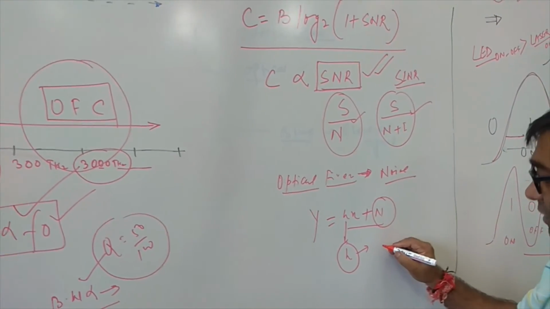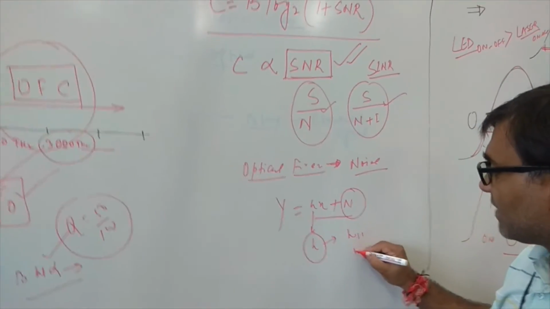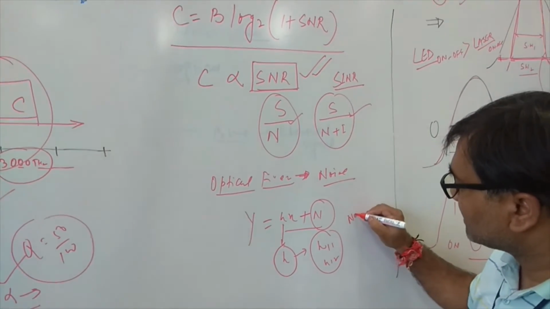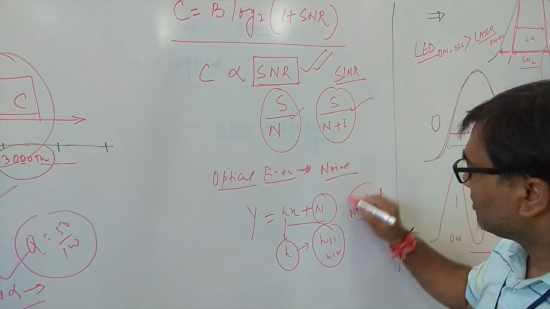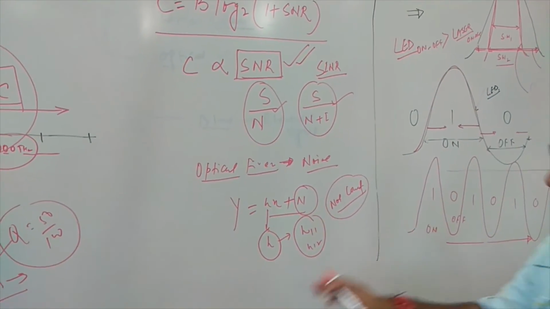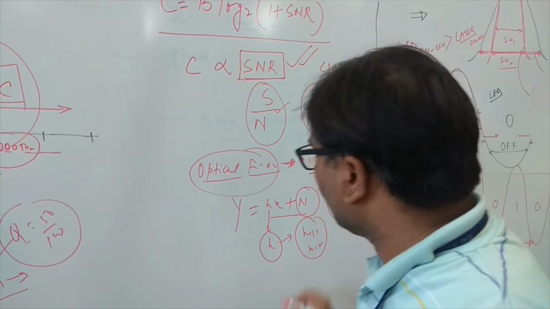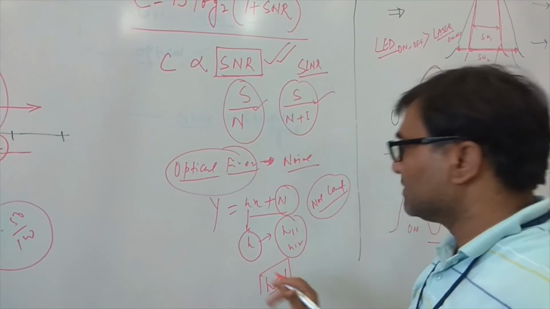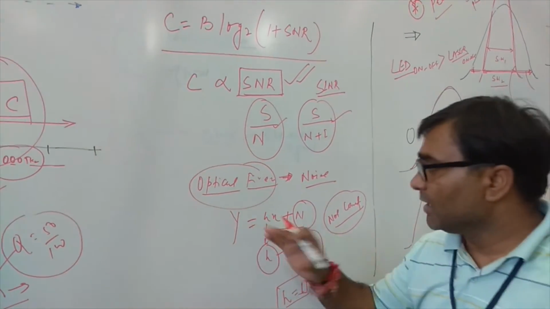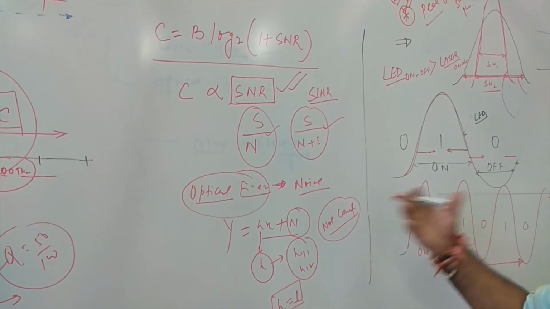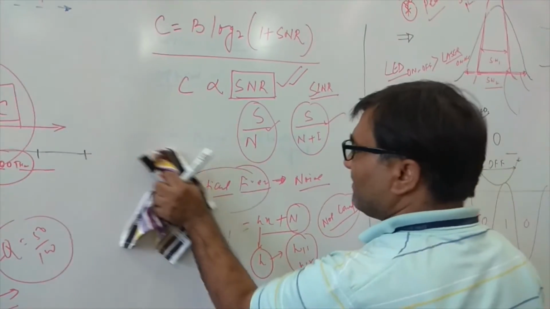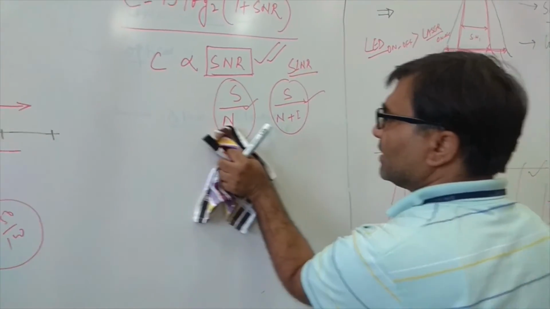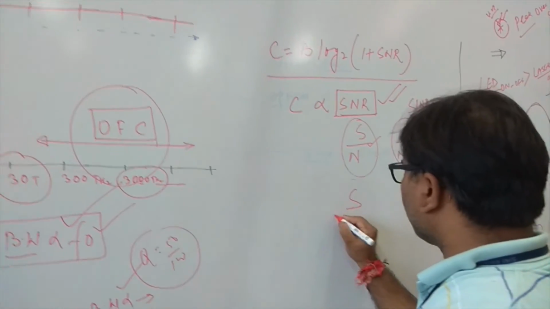As for wireless communication, this channel coefficient is h11, h12, and so on, and it can vary, right? Not constant, always varied due to the random nature. But as far as the optical fiber is concerned, your channel is almost 1, right? Channel coefficient is almost 1, constant, due to the wired nature. So due to the wired nature, bandwidth is very high. Due to the higher bandwidth, some noise will not impact so much. See here, signal to noise.